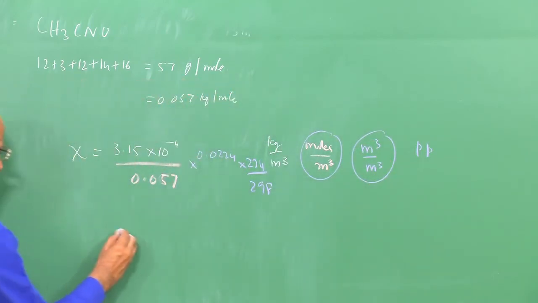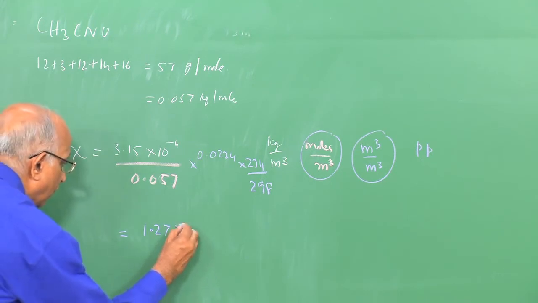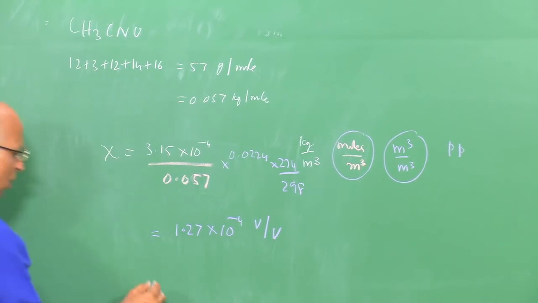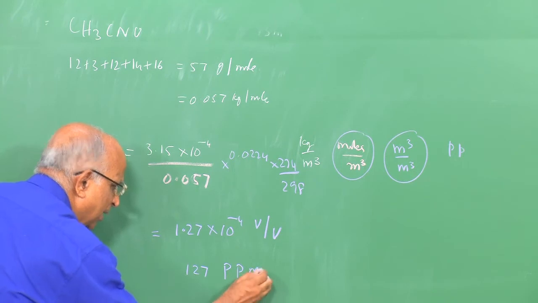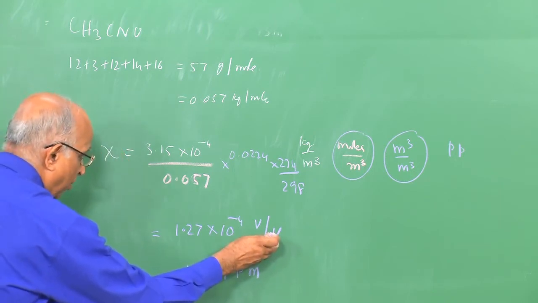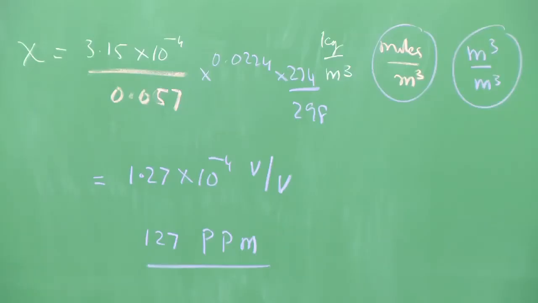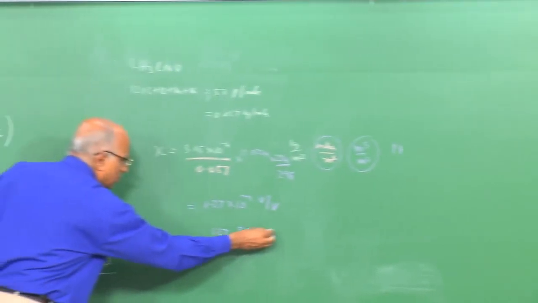And if I calculate this number, this gives me 1.27 into 10 to the power minus 4 volume by volume, or this is equal to 127 parts per million, because million consists of 10 to the power 6. That means in the air at a distance of 3 kilometers away, the methyl isocyanate has a concentration of 127 parts per million, which is quite fatal, which is quite large.